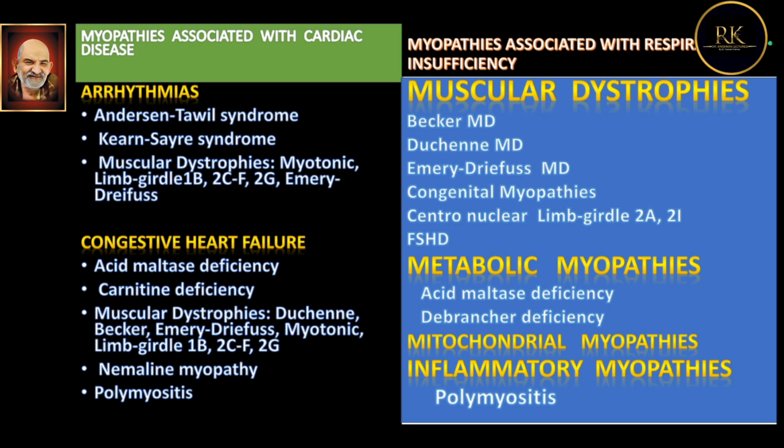Metabolic myopathies that can cause respiratory insufficiency include acid maltase deficiency and debrancher deficiency, mitochondrial myopathies, and inflammatory myopathies in the form of polymyositis.